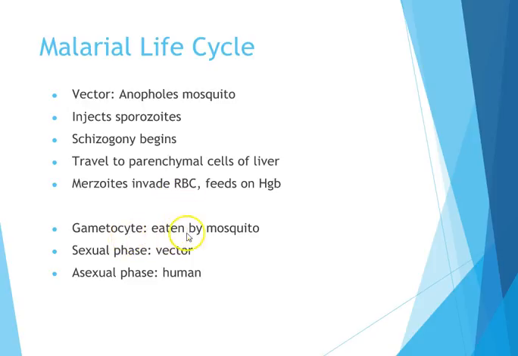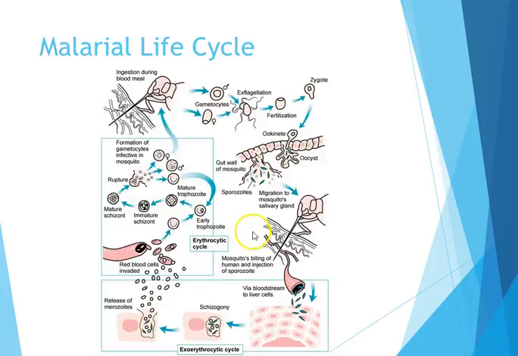So the gametocyte is eaten by the mosquito. The sexual phase is found in the vector. The asexual phase is found in the human. And if you go back to this chart, you can see this is in the mosquito, and the gametocytes will mate and form this parasite over here.